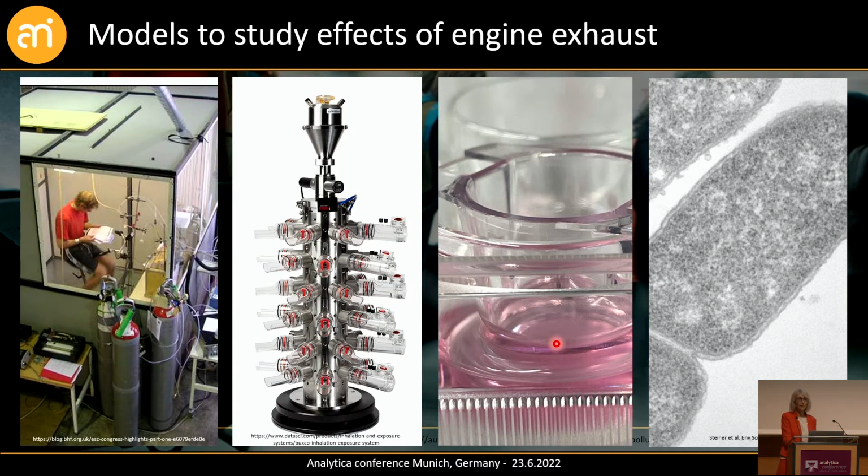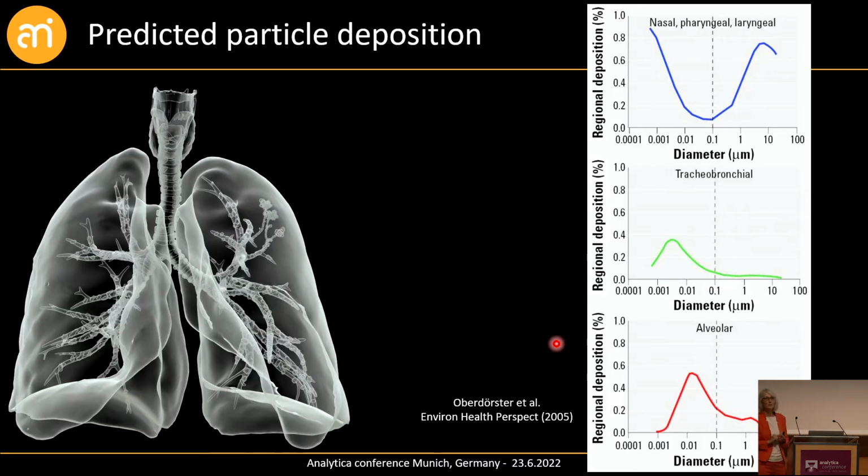The next thing we need to look into, and this has already been shown very nicely by Oli, is where the particles deposit. The inhalable fraction of the particles is maybe below 25 micrometers, then the bigger particles are deposited in the nasal trachea region, and only smaller particles below 2 micrometer hydrodynamic diameter can reach the lower part of the human lung.